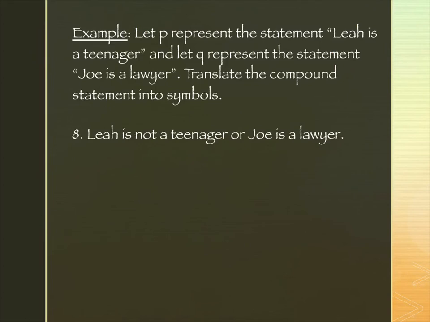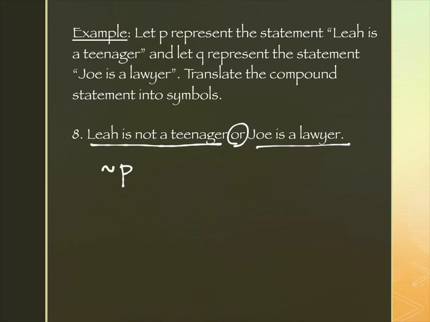So we have the statement, Leah is not a teenager, or Joe is a lawyer. How would I write Leah is not a teenager in symbols? Not P. Yeah, not, which is the tilde, P. That is the statement, Leah is not a teenager. Okay, so there's three pieces.